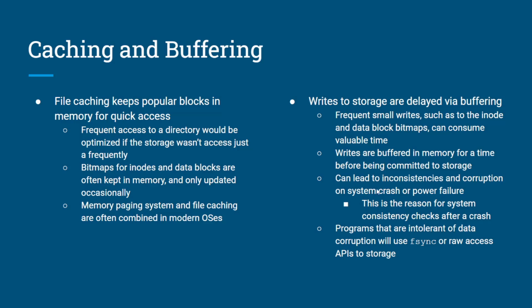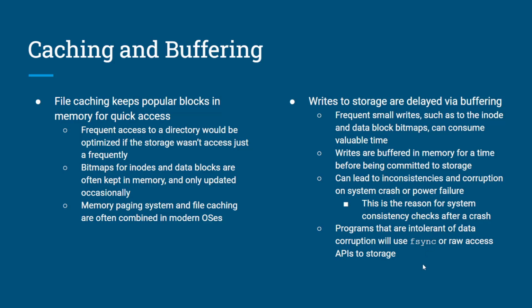This can lead to inconsistencies and corruption when you have a system crash or a power failure. This is why an operating system crash is a bad thing, because if you have data that is buffered and the operating system crashes, well, it was the operating system that was maintaining that buffer. Thus, any changes could be lost, or they may just simply be partially written.